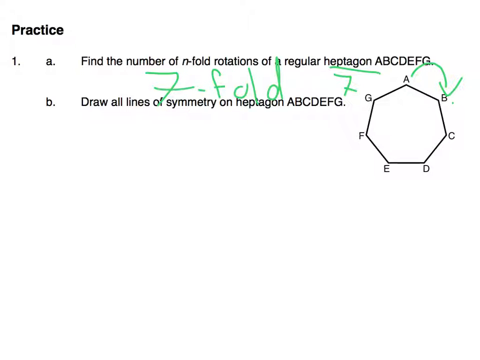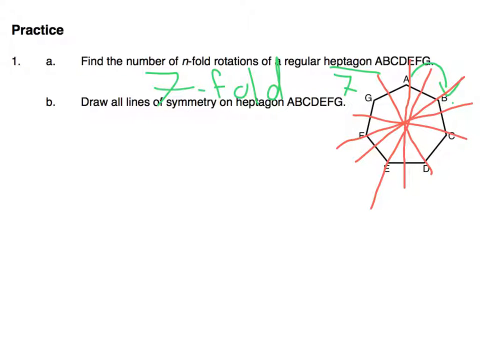If we start to look at lines of symmetry, this is an odd number, so I should have lines that are both an angle bisector and a perpendicular bisector. Again, I apologize, these are not going to be perfect because I'm drawing them on my iPad and not on a piece of paper. They're a little bit harder to do here.